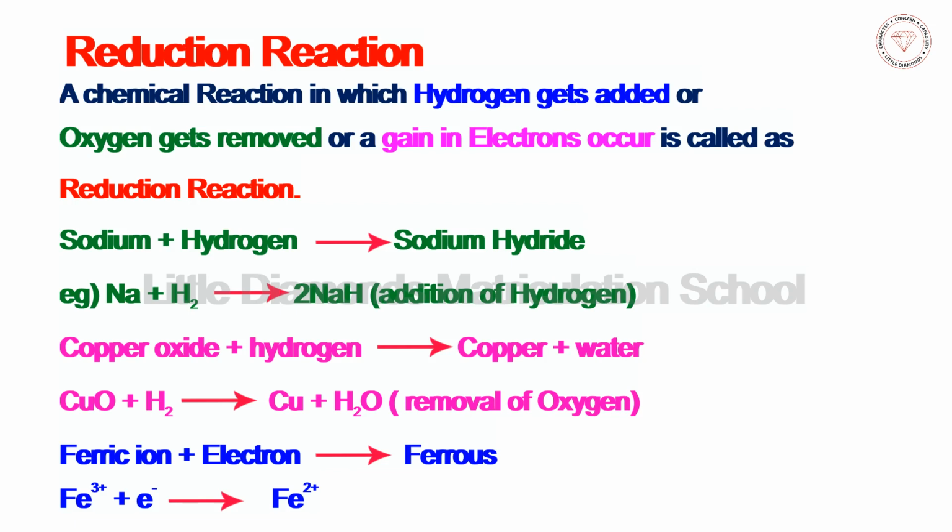Copper oxide reacts with hydrogen and gets reduced to copper and water. Copper oxide CuO plus H2 gives copper Cu plus water. Here there is a removal of oxygen from copper oxide and this reaction is a reduction reaction. When an electron is added to Fe3+ ferric ion, it forms ferrous ion Fe2+ by gaining an electron.